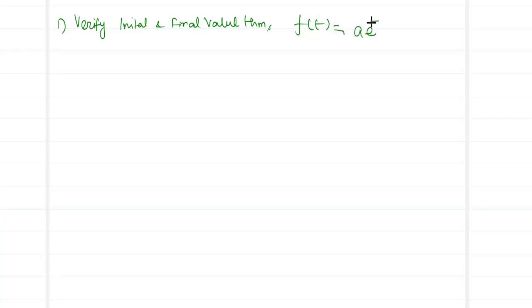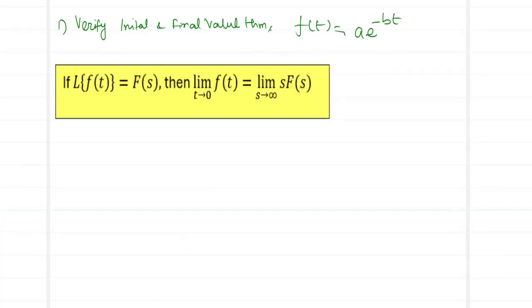First problem: verify the initial and final value theorem for the function f of t equals a e power minus bt. So this is my function f of t, and I have to verify both theorems for it.